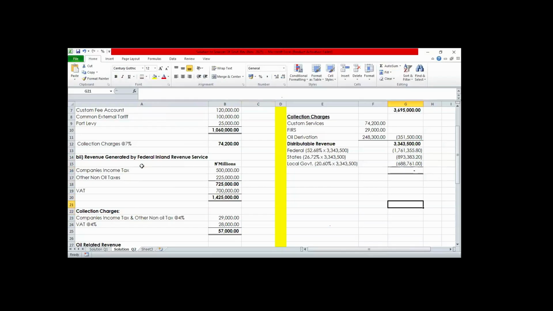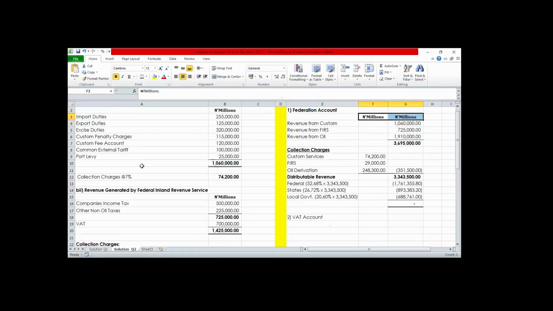Okay. We also need to do the value added tax distribution. That one is direct. That will be your working note too. Value added tax account. How much is the VAT? 700,000.